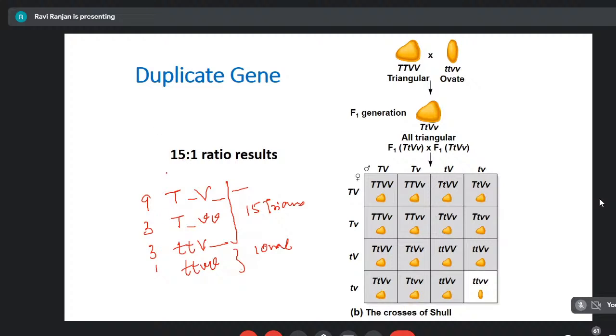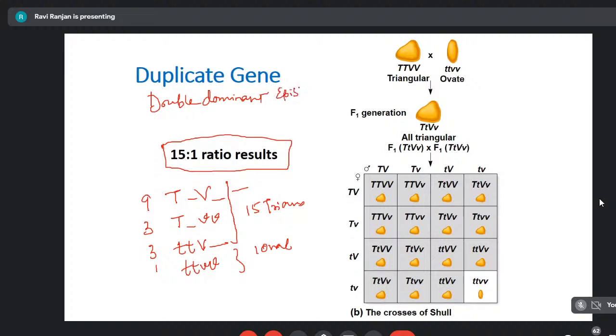So the ratio here, instead of 9:3:3:1, you have a 15:1 ratio. Why? Because both the genes are able to express the same character. Is it okay? So these duplicative genes are also known as double dominant genes.